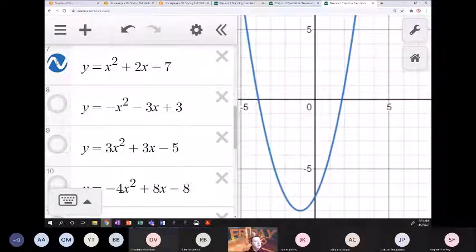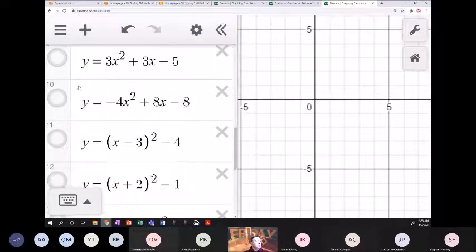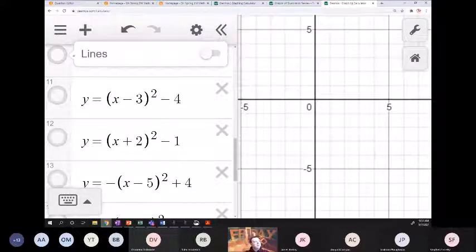We'll do one more. Let's do this one here. -4x squared plus 8x minus 8. Think to yourself, is it going to turn up or down? And what the y-intercept is going to be.